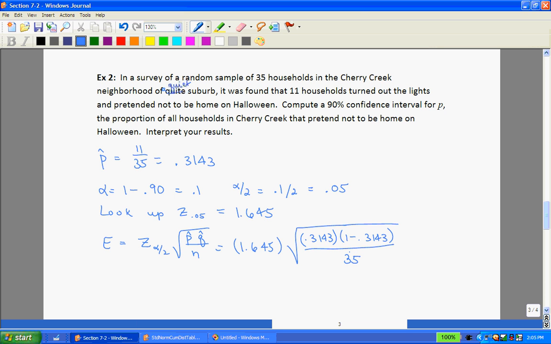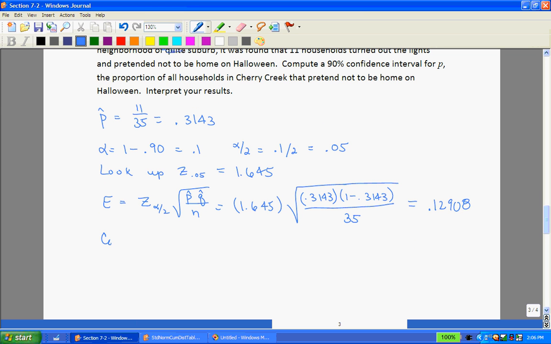Again, I'm going to let my calculator handle this number, because it really was 0.3142857, and it goes on for a while. I'm going to type this all in, and I get that E is equal to 0.12908, and there's certainly a few more places after that.